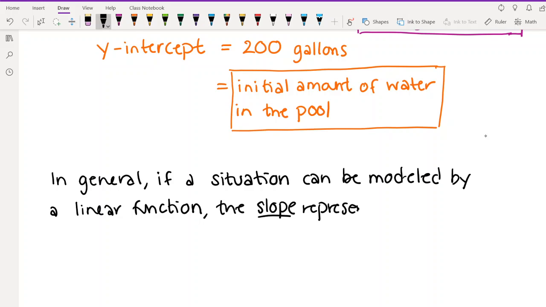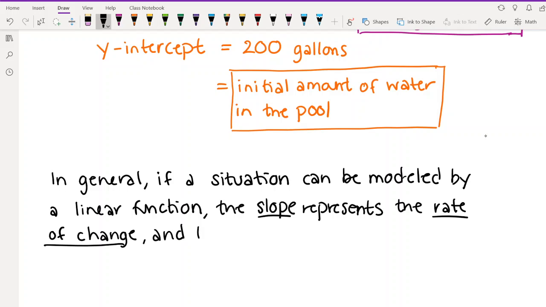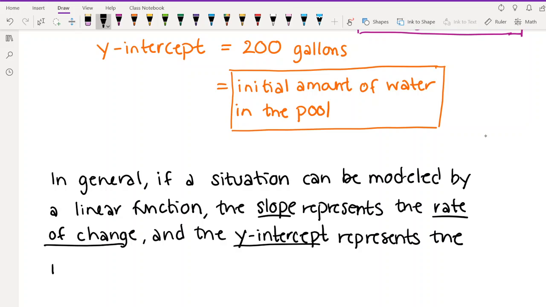I know that's a vague word because what it means really depends on the situation, but hopefully in this video we'll see enough different examples that you can get an idea of what those might look like. And then the y-intercept represents the initial amount. Again, that will very much vary depending on our situation.